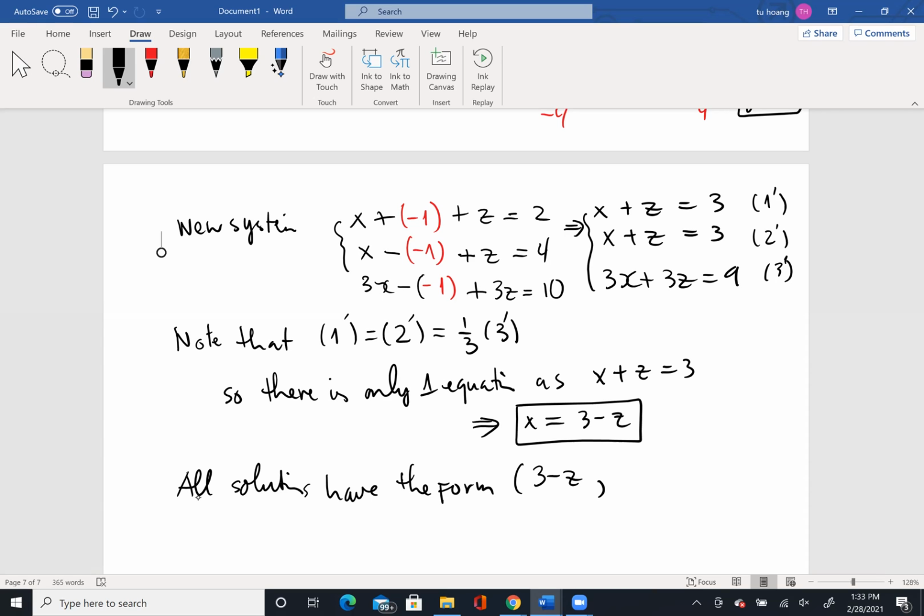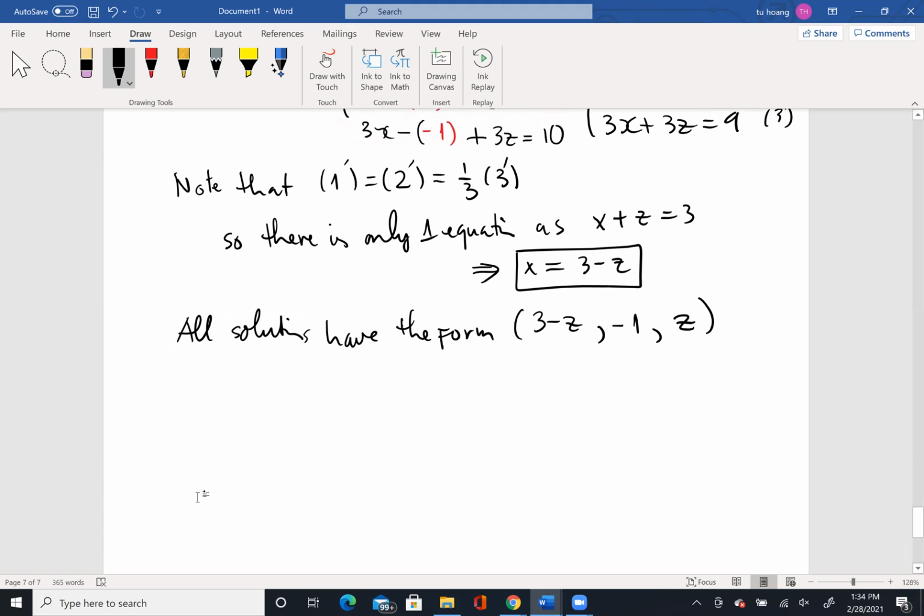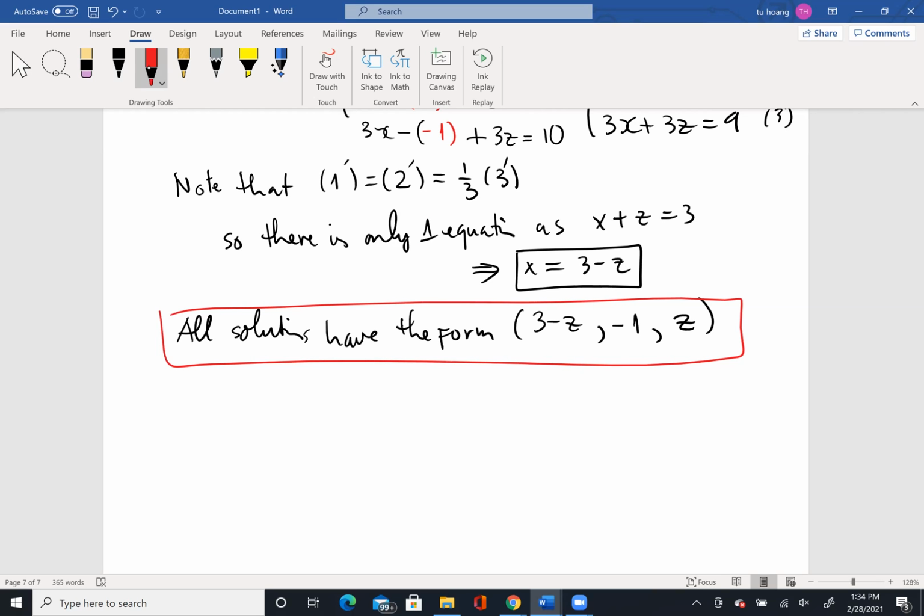And y now, what is that equal to? y equal to -1. And z is just z. You don't know z. z is a variable, okay? So z can be anything. So that should be the answer to this problem. In this case, you have infinitely many solutions for this problem.